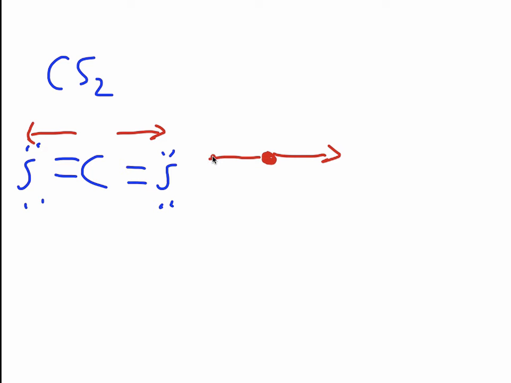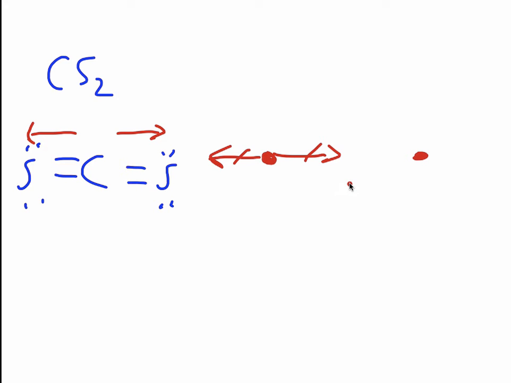Okay. Well, if we draw the Lewis structure for CS2, there are dipoles here. But because of its shape, they're going to cancel. Notice, if these two things were playing tug of war on one another, one is pulling in this direction and one is pulling in this direction, they will cancel out, and you'll be left with no movement.